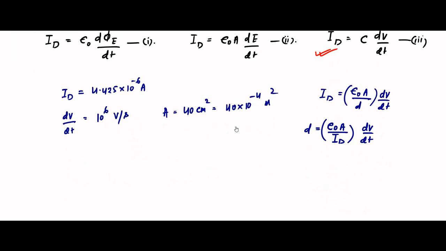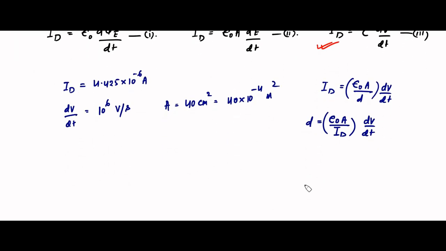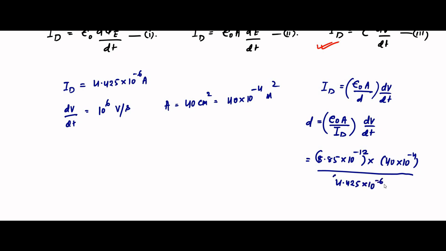So that is equal to 8.85 into 10 to the power minus 12 into A, that is the area, which is 40 into 10 to the power minus 4, divided by ID, the displacement current 4.425 into 10 to the power minus 6, into dV by dt, which is 10 to the power 6.